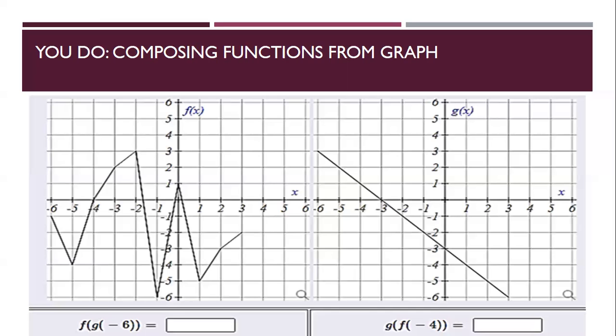Negative 4 stays negative 4, right? The second one, negative 4 stays negative 4.